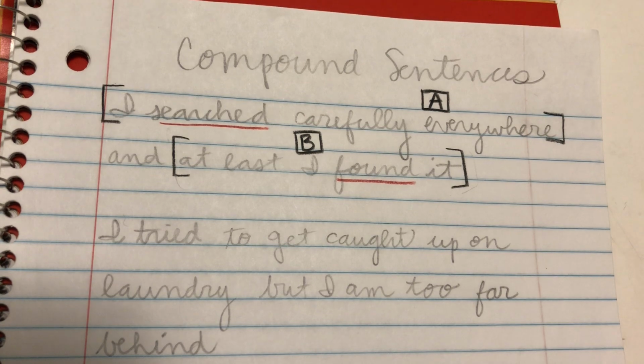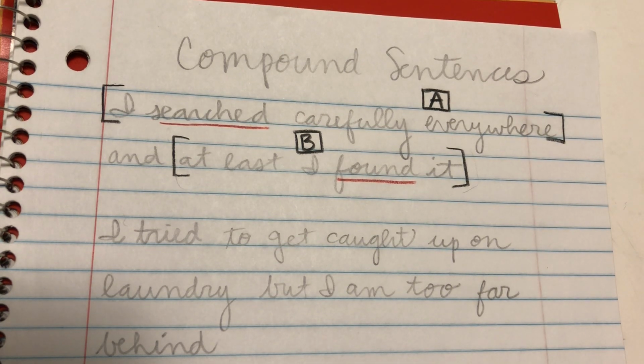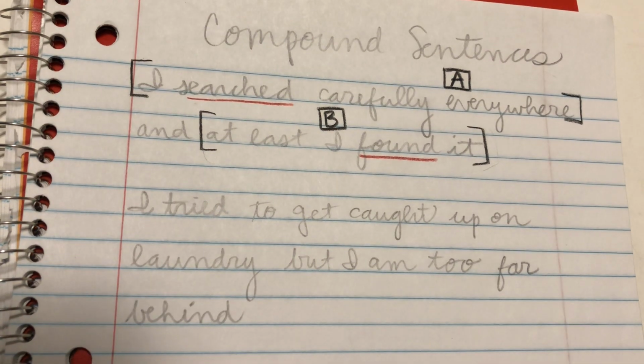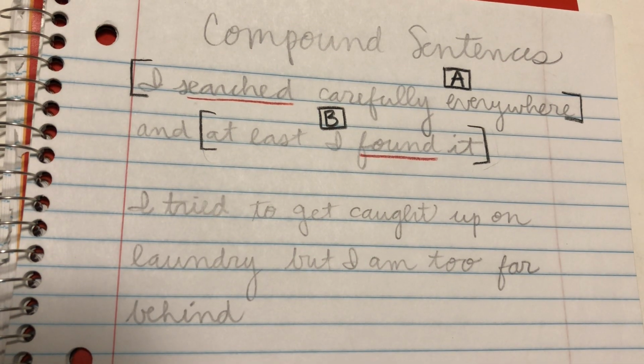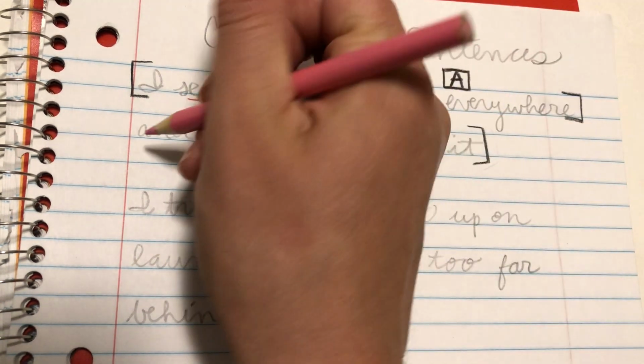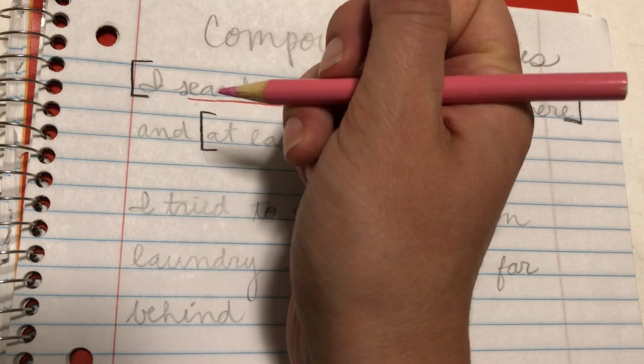Now, there's one word here that doesn't have anything. Lonely little and. Now, what kind of word is that? If you can think back to your parts of speech, the word that joins two thoughts or lists of things, those are our conjunctions.